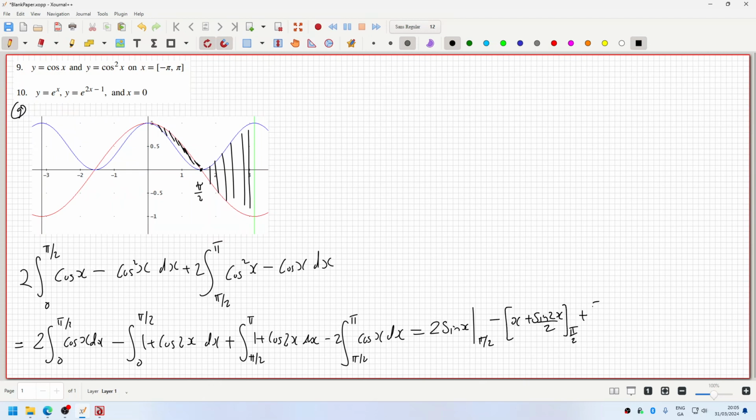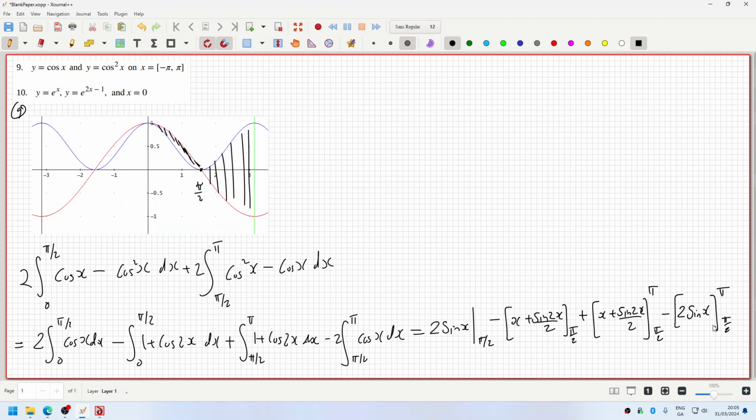Plus x plus sine 2x over 2, pi over 2, minus 2 sine x between pi and pi over 2.